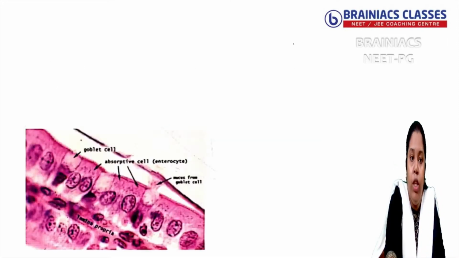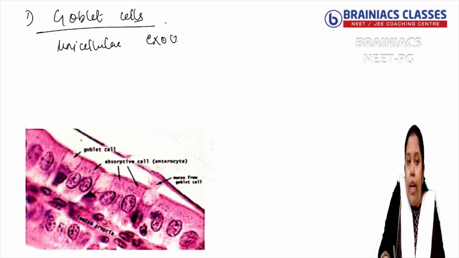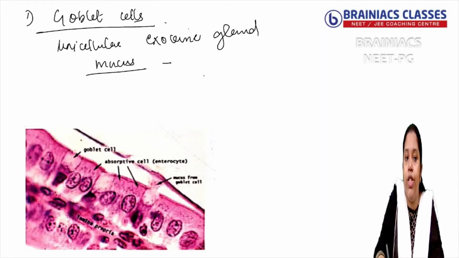Now coming to the first type of exocrine gland, that is the goblet cells. I told you, these are unicellular exocrine glands. And what is the secretion of the goblet cells? It is mucus, and the method of secretion is exocytosis.